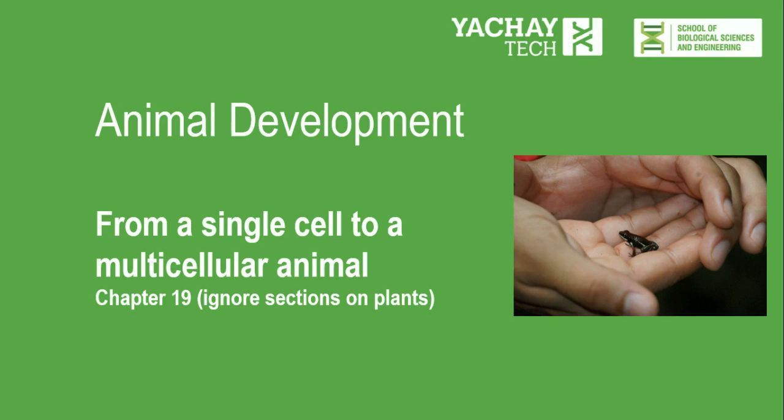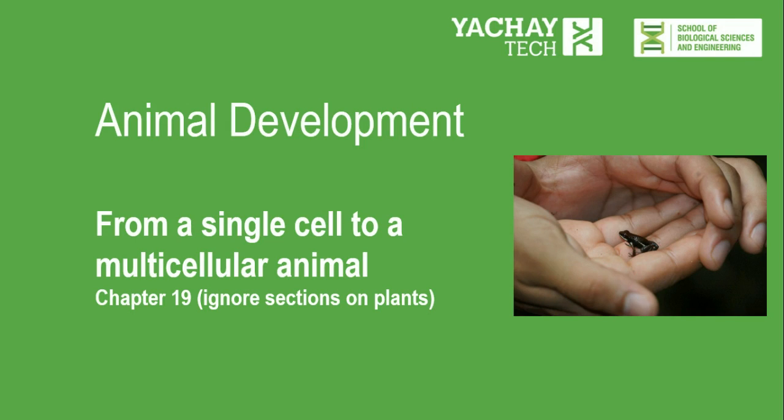Okay, so today's class is about animal development. In this class we are concerned with what happens from fertilization of a zygote, a single cell, that then starts to divide and differentiate and become more complex and produce a multicellular animal.